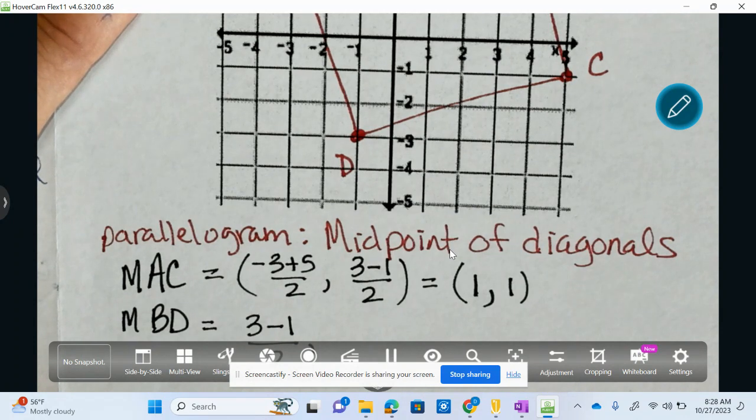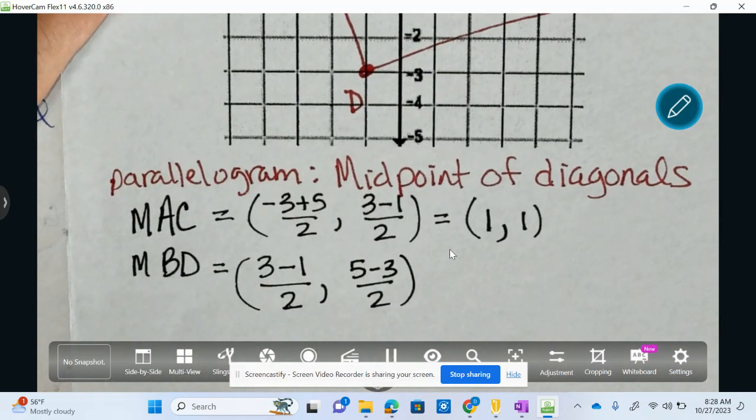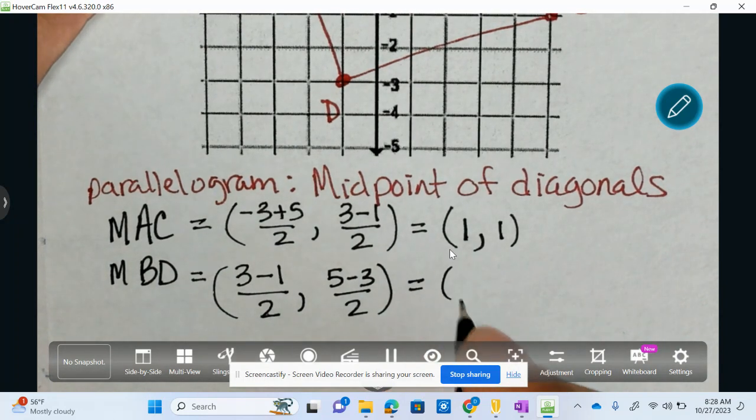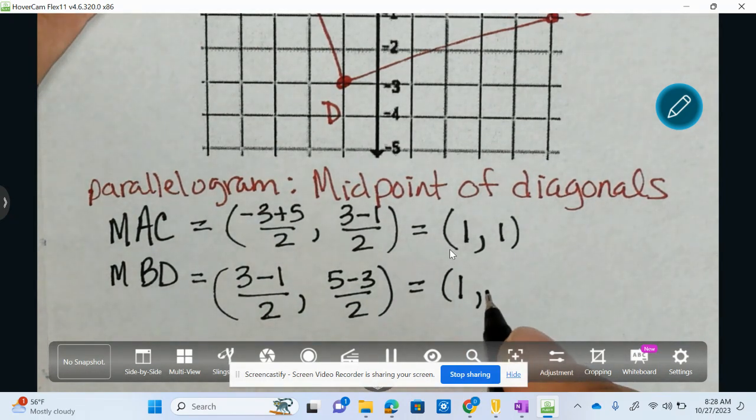And the y coordinates of B and D, 5 minus 3 over 2. So let's see. 3 minus 1 is 2, and 2 over 2 is 1. And 5 minus 3 is 2, and 2 over 2 is 1.